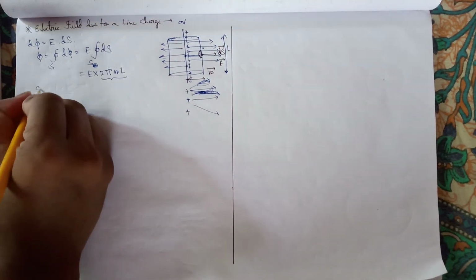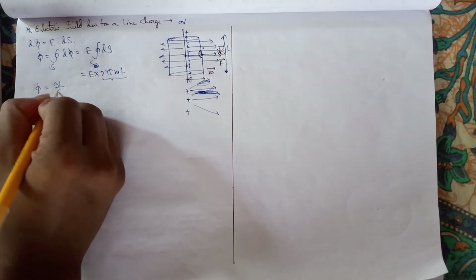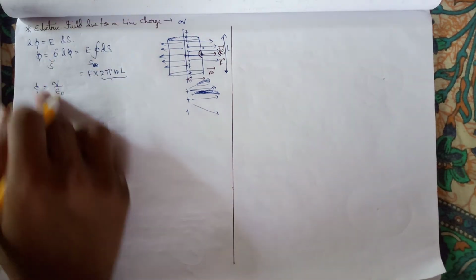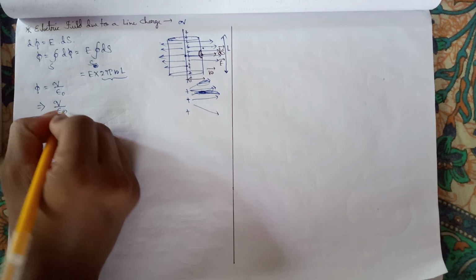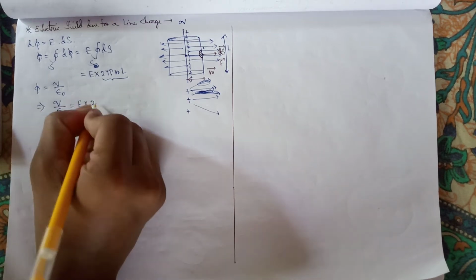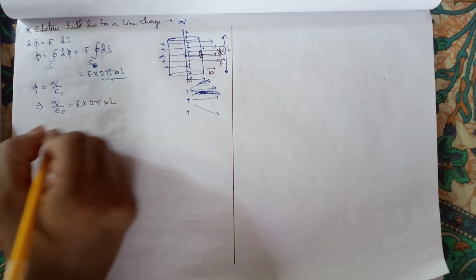And from Gauss law we know phi equal to q by epsilon naught. So from these two equations we can say E into 2 pi R L equals q by epsilon naught.